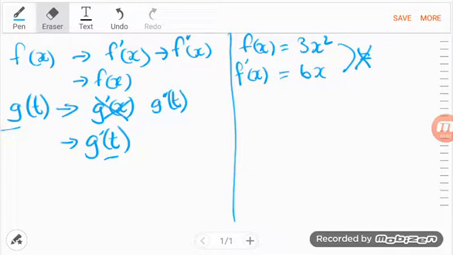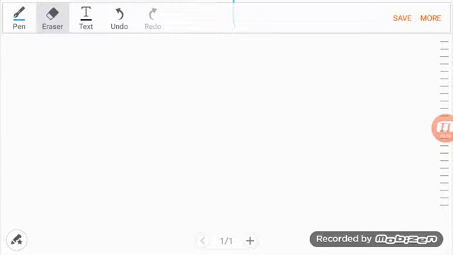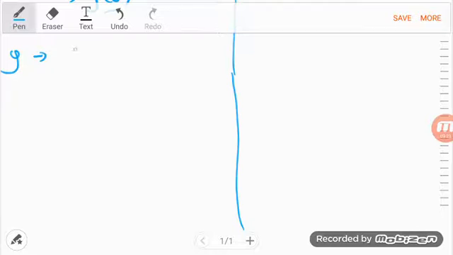Now, if we were going to do Leibniz notation, where we have just y and then we don't actually state what our variables are, this would go to dy d whatever we are differentiating with respect to. So, for example, if we're differentiating with respect to x, it would become dy dx.